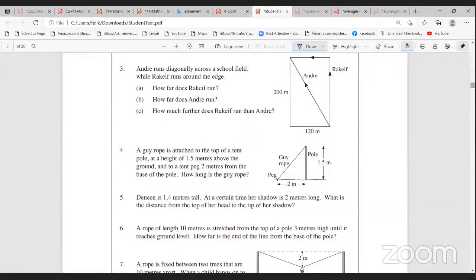Okay, use back the formula, which is a squared plus b squared equals c squared. Okay. Triangle. Here. That's here, 1.5.